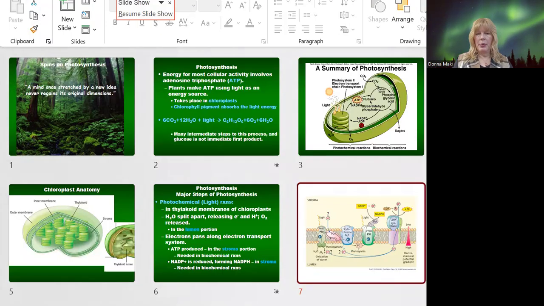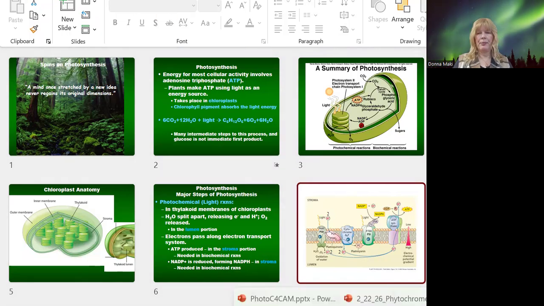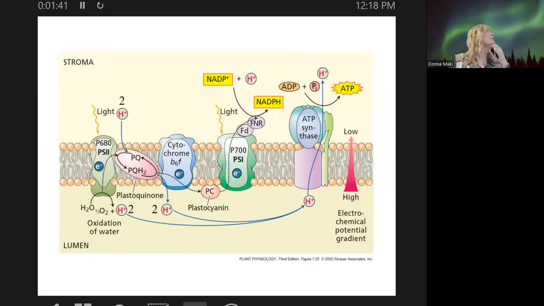Then you end up with those electrons being sent down the electron transport chain. And so when you think about an electron transport chain, you have to have an ultimate source of where those electrons are coming from, so water, and then where are they going to end up? There has to be an endpoint at some point.